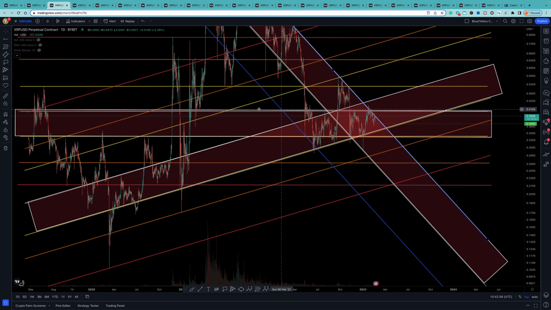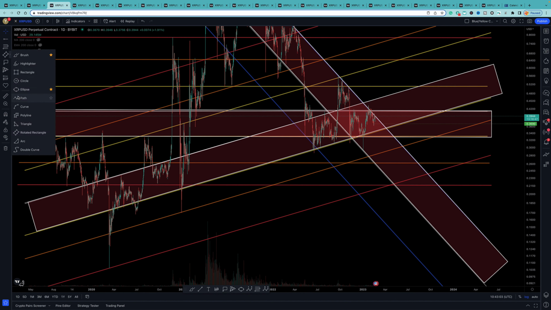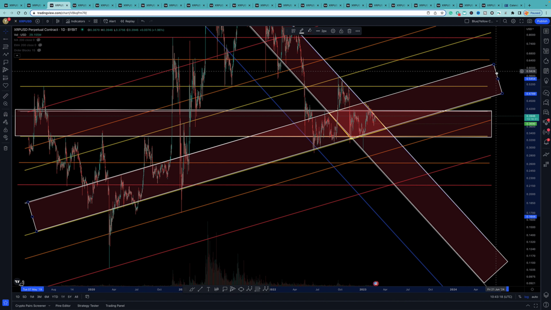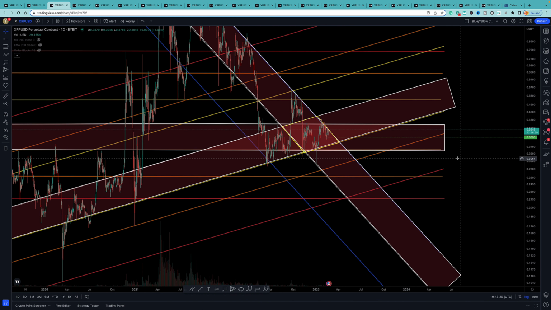So once we've come into this space, so you can see this space here. Okay, we haven't left it. So you can see where they're all converging here.